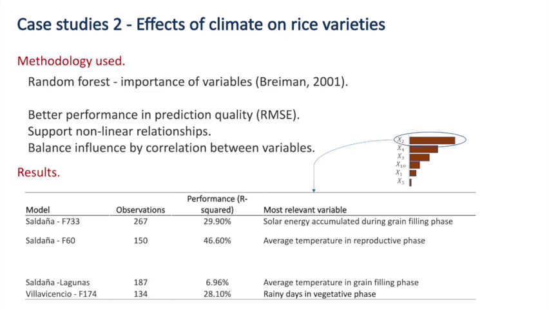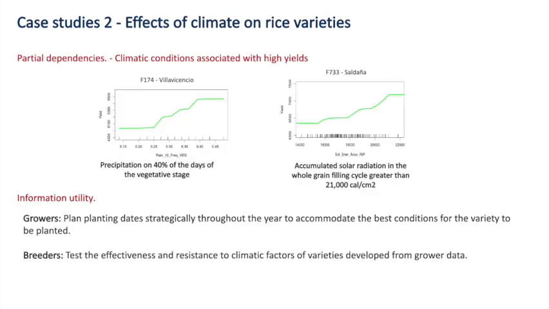Now we could think that these performances are very low. In this case, we were not interested in a predictive model. We were interested mostly in explaining or understanding how that set of climate variables affected the final yield. So we didn't use a prediction model in this case.